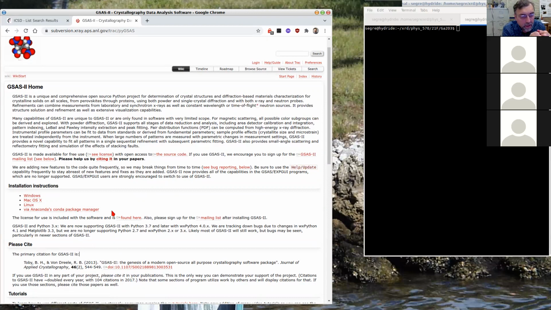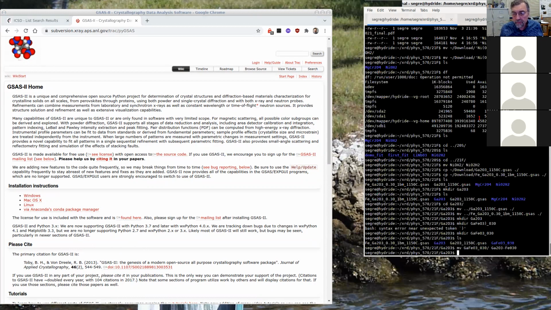So I'm running it on a Linux system, and I've installed it by hand because that's just what I prefer to do. I don't like to put desktop icons for launching programs. I prefer to find them in my toolbar, or I just run them from the command line. That's just more convenient for me.